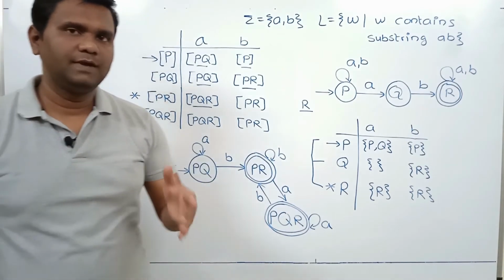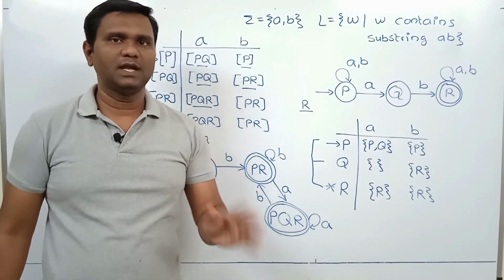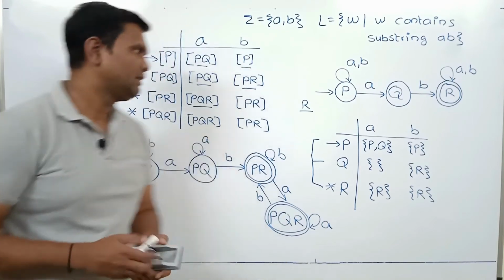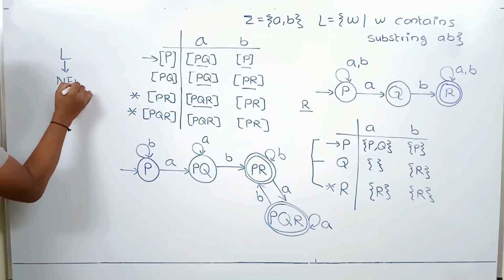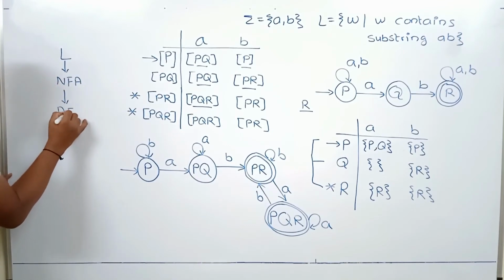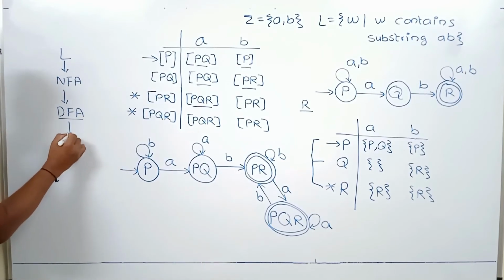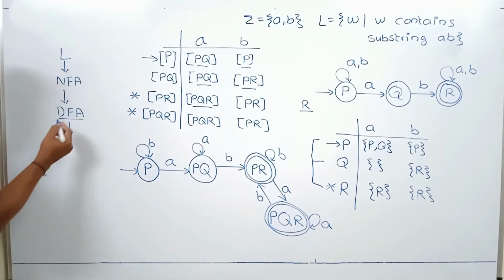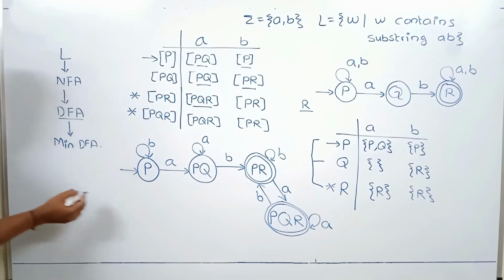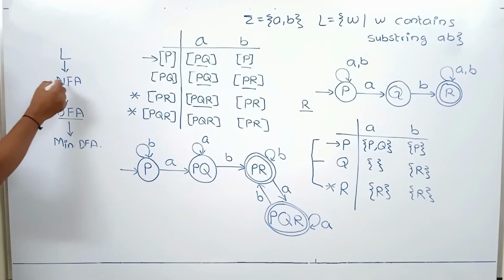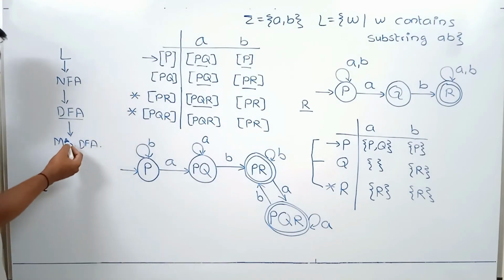So the important point is, when you convert NFA to DFA using the subset construction method, you may or may not get a minimal DFA. For a given language L, if you draw an NFA and convert it to DFA using subset construction, this DFA may or may not be minimal. After that you have to apply DFA minimization, and only then will you get the minimal DFA. This is the part you should remember.